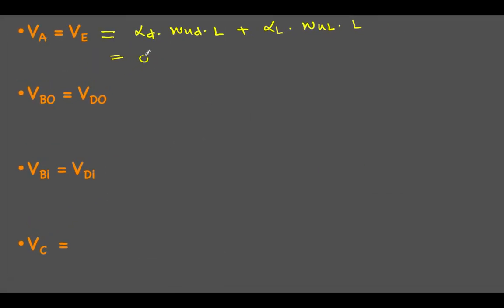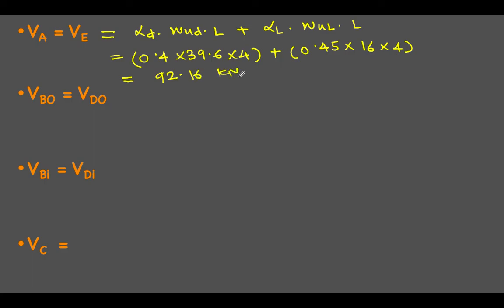So this is 0.4 into 39.6 into 4 plus alpha L 0.45 into WUL 16 into L 4. So this shear at end support, we will be getting it as 92.16 kilonewton.